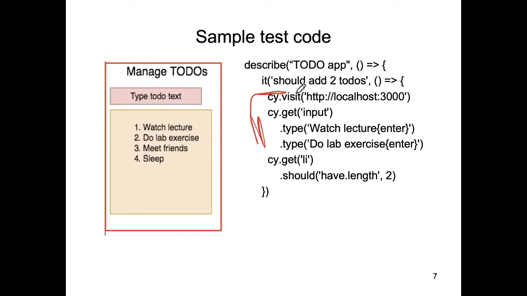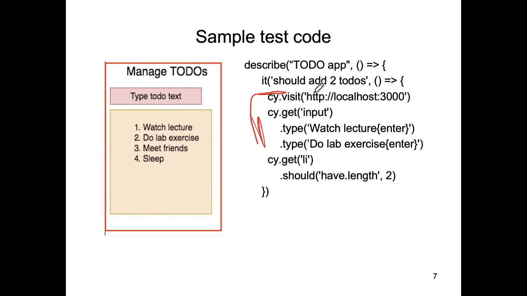So cy.visit will actually set the browser's URL to this path, and assuming that I'm running my little to-do app there on the left, let's say it was written in React, and I'm using the Create React App server, and I've started up my Create React App server.